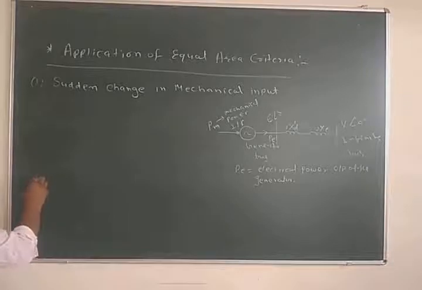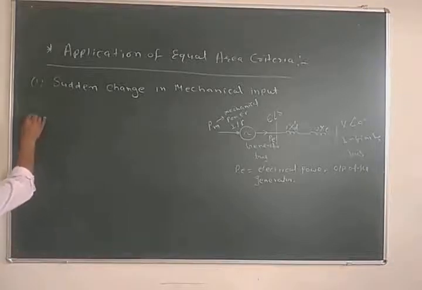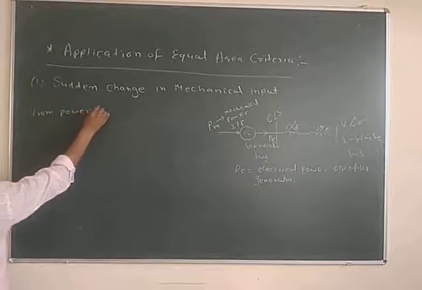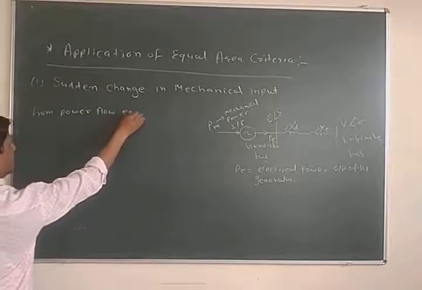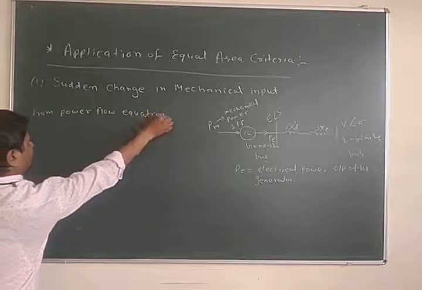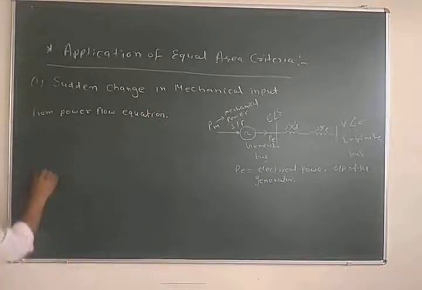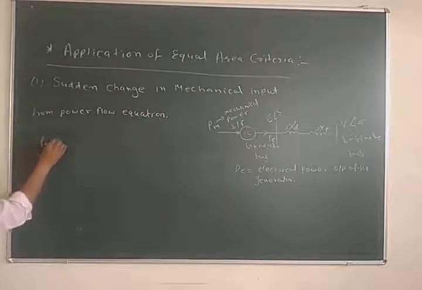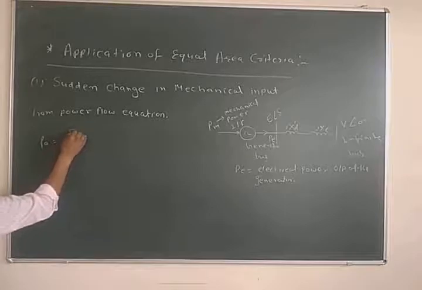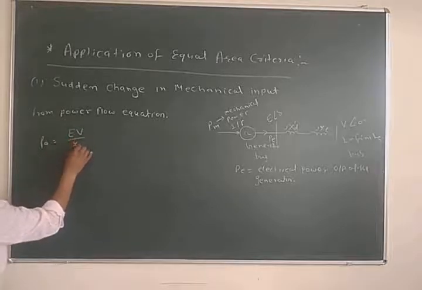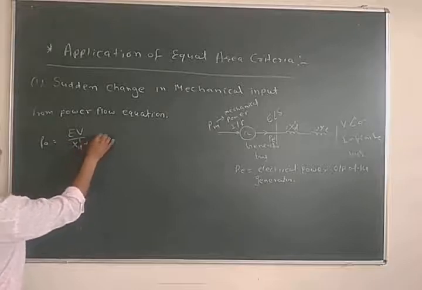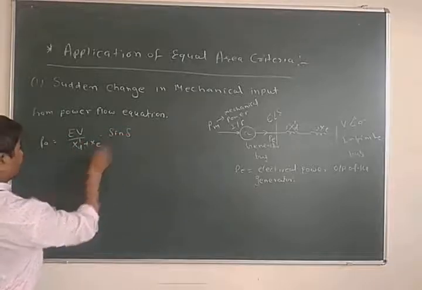First we take the power flow equation. From the power flow equation, accelerating power P is equal to EV upon (xd dash plus xt) sin delta.